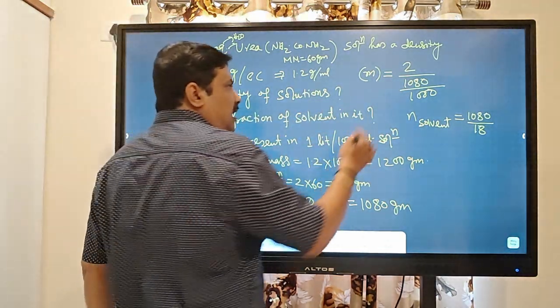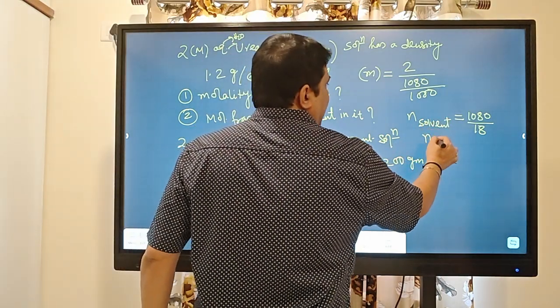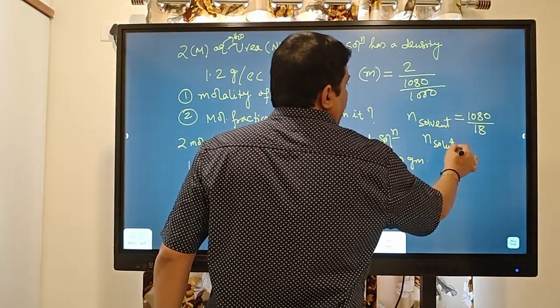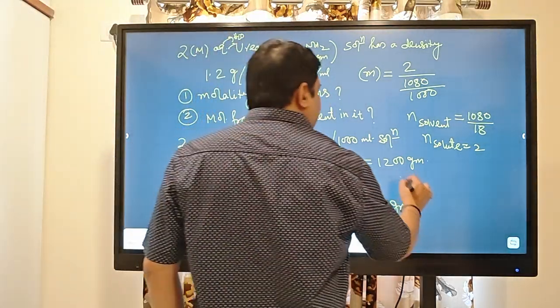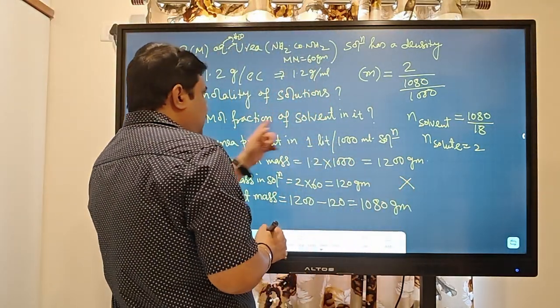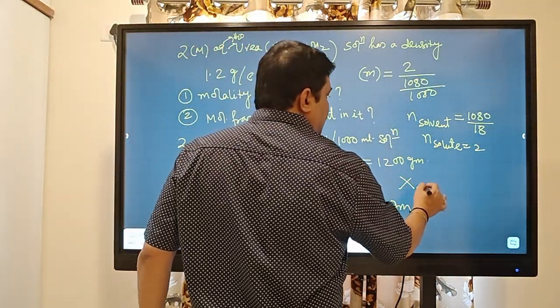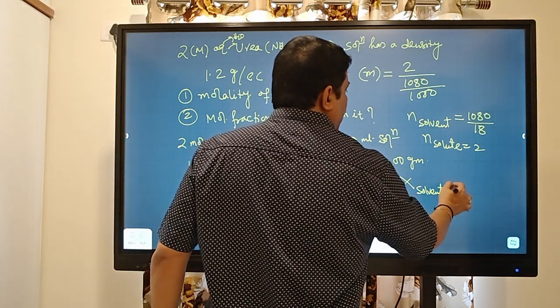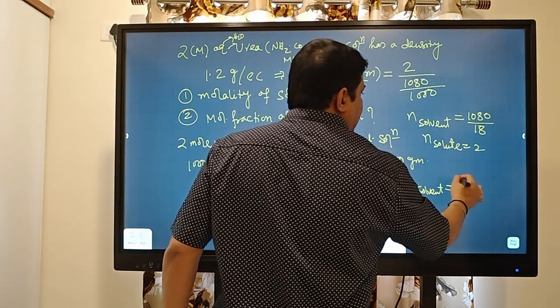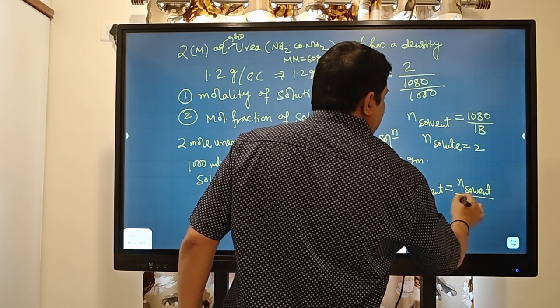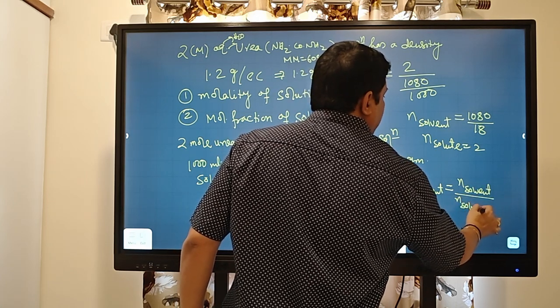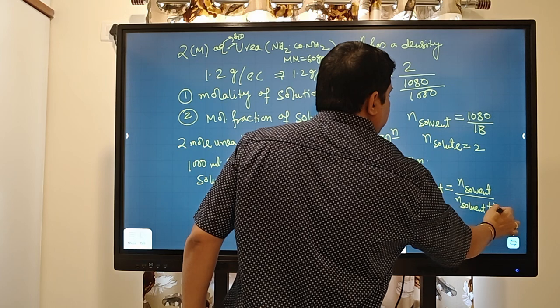Then once we got the number of moles of solvent, and number of moles of solute we already know, which is urea, nothing but 2. Then mole fraction of solvent, that is their question, equals number of moles of solvent by total number of moles, meaning number of moles of solvent plus number of moles of solute.